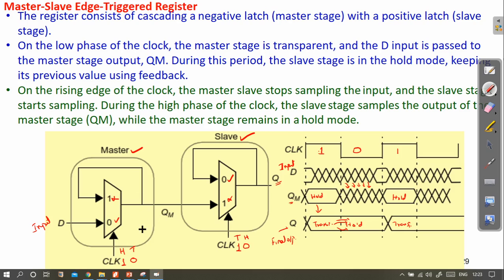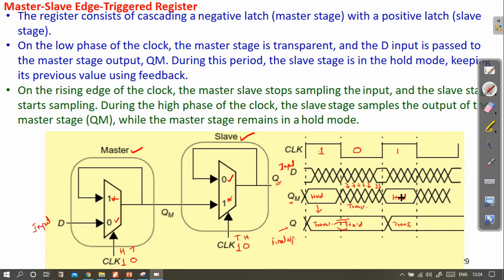So what happens, remember that before entering into hold mode it was in transparent mode. So it was getting the output from D. Before entering into hold mode it was in transparent mode, so it was getting the output at that time from the external input D. So which value will it hold right now?